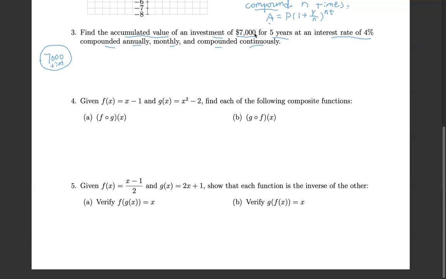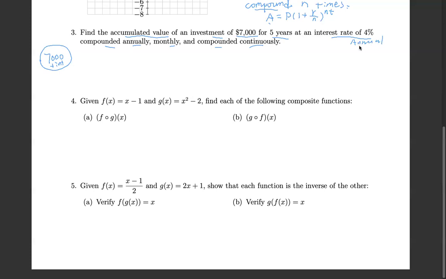So you can imagine, in this case, how much money is in the account after 5 years. That's the accumulated value, your up-to-date balance. P is the principal, in this case 7,000. And 1 plus r divided by n, r is the annual interest rate. It has to be the annual interest rate.